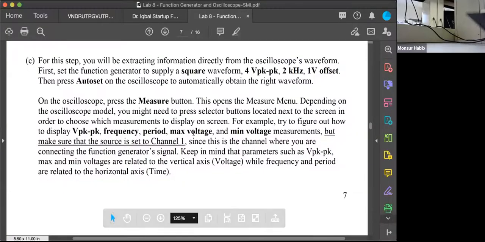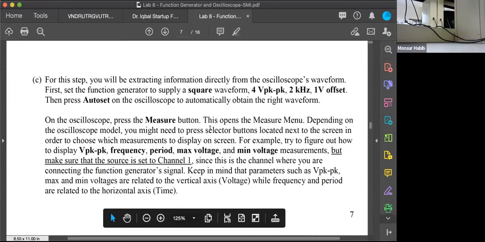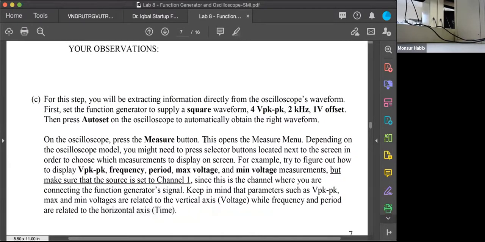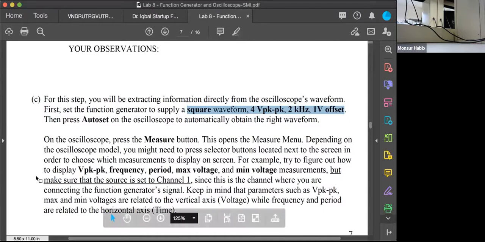All right. So when you set the function generator, you decide, okay, square wave, 4 volt peak to peak, 2 kilohertz. These are the typical settings that you would have done in this lab.